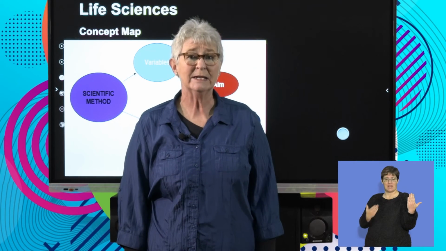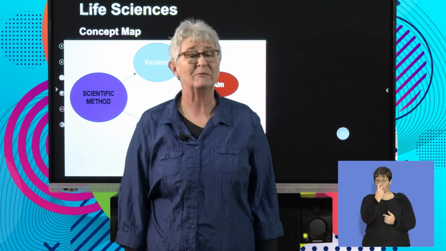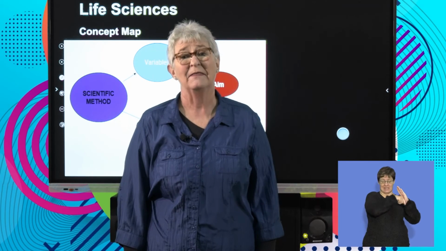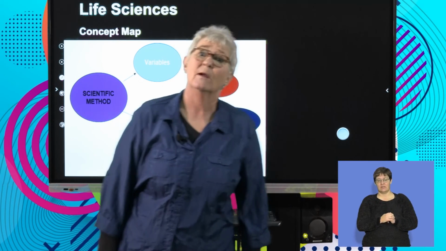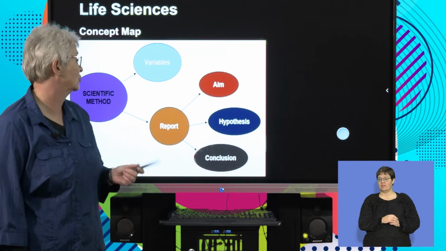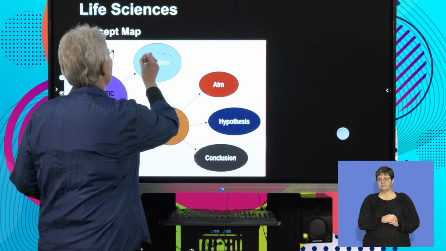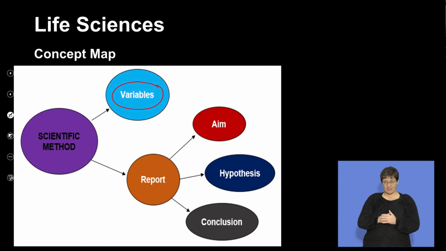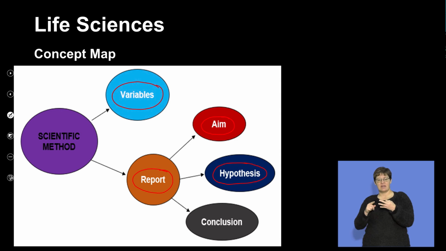Remember, any question you are asked has to be related to the content matter that you have done. So, what we're going to look at now is using our knowledge of variables and how to write scientific reports, more specifically, what is an aim, what is a hypothesis, and how are they different, and then how to write a conclusion.